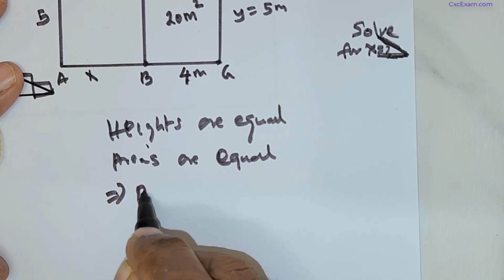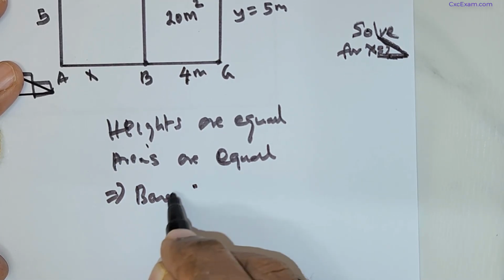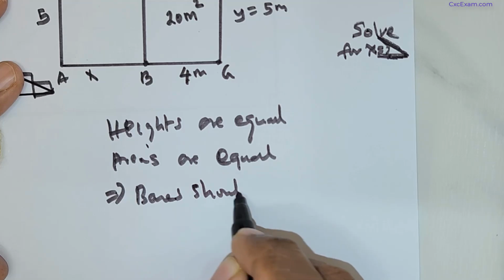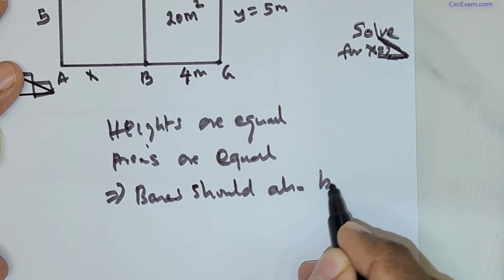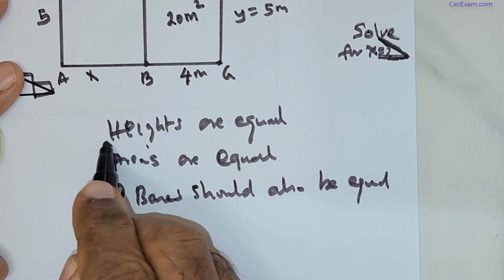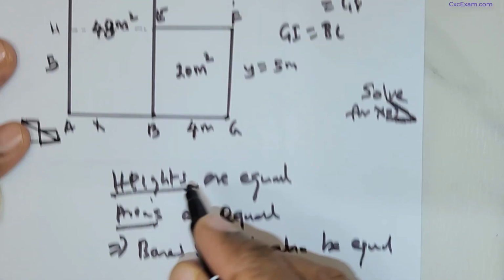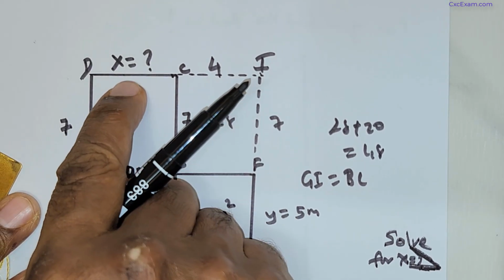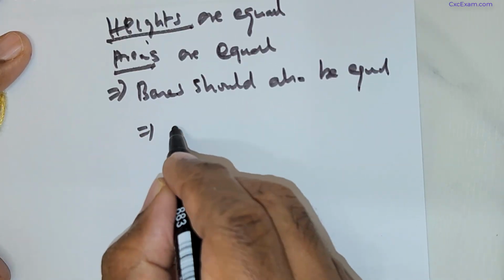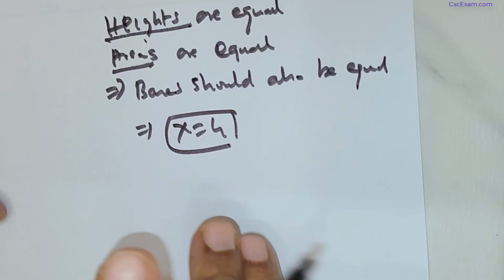So this would mean the bases should also be equal, right? Once the height and the areas are equal, definitely the base should be equal. So what is the base here? 4. The same base has to be reflected here. So this means x is equal to 4.